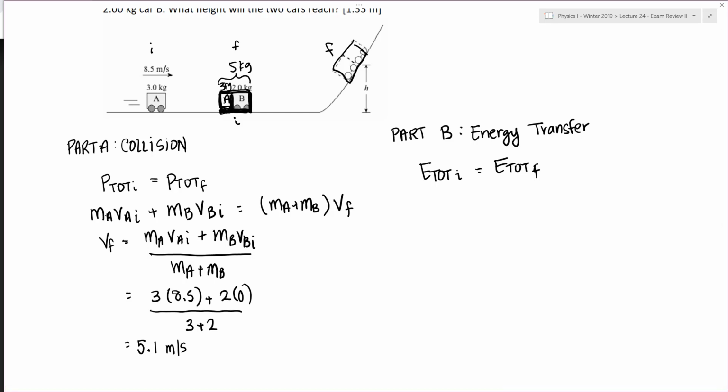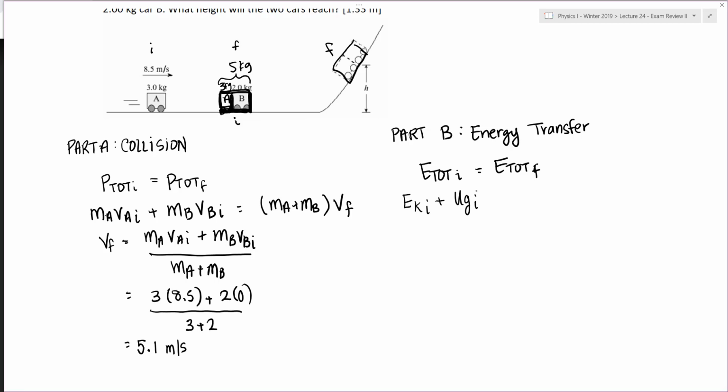So E total initial equals E total final. I'm going to put in all the types of energy that we know about. We have kinetic energy, and we have gravitational potential energy. We do have translational and rotational kinetic energy, but as I said, in this question we're treating these as though they're just blocks and they're sliding. Nothing is rotating.